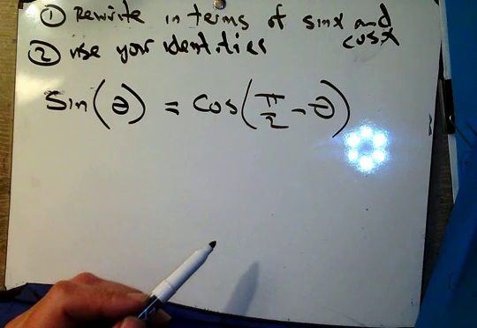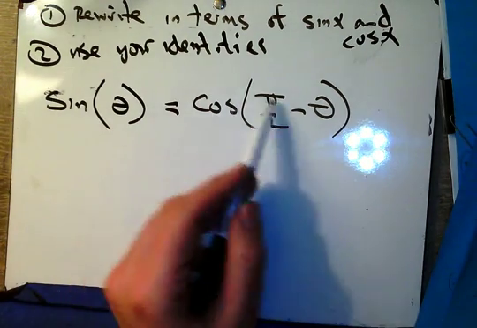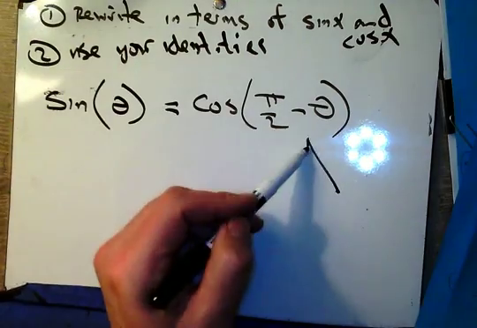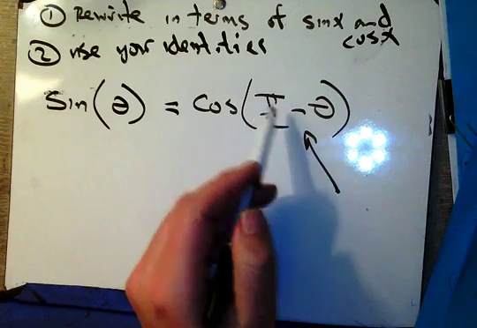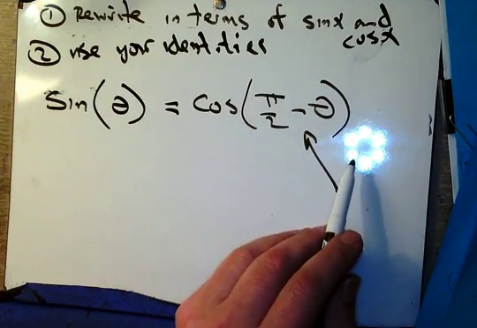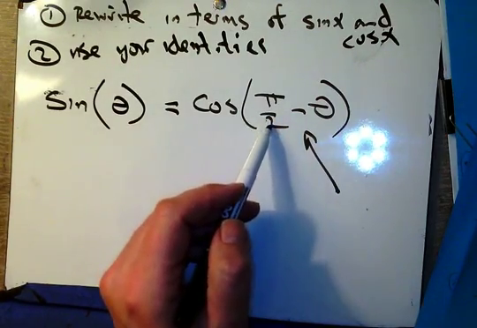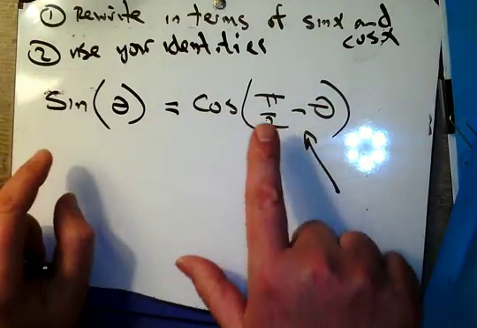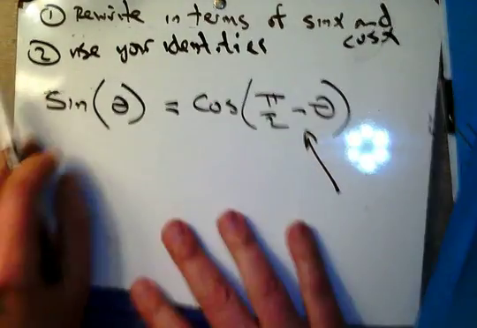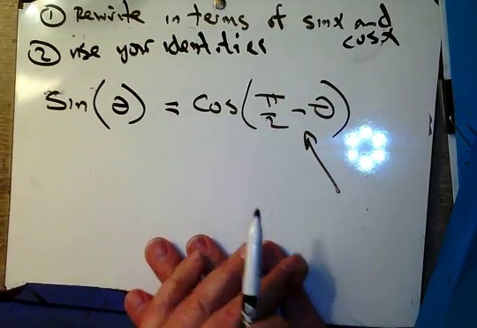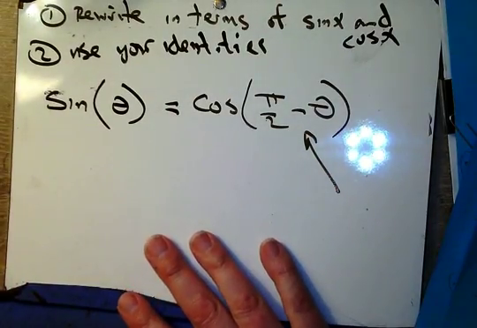Sorry, this is not distributing, by the way. Do you recognize that? Pi over 2 minus theta? Yeah, most people don't. That's the supplement. So, I'm sorry, the complement. And what did we say? We said complements of co-functions are the same. That's the thing we got in the trig basics unit.